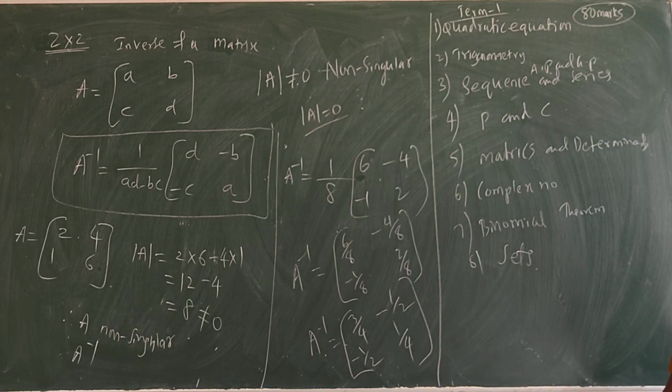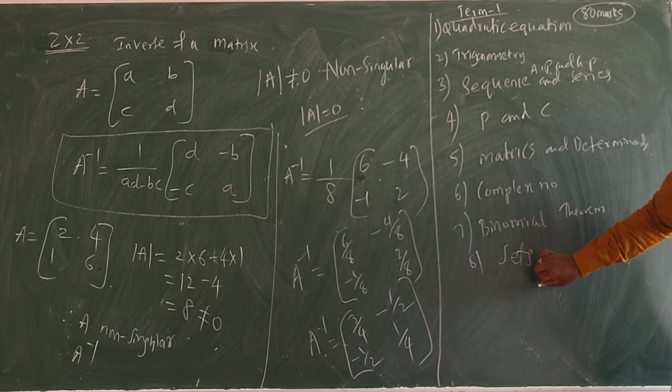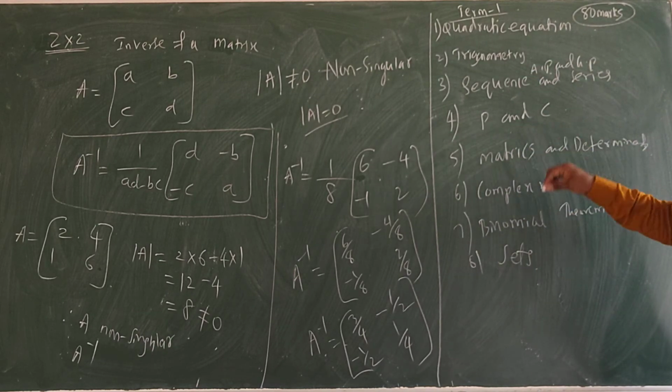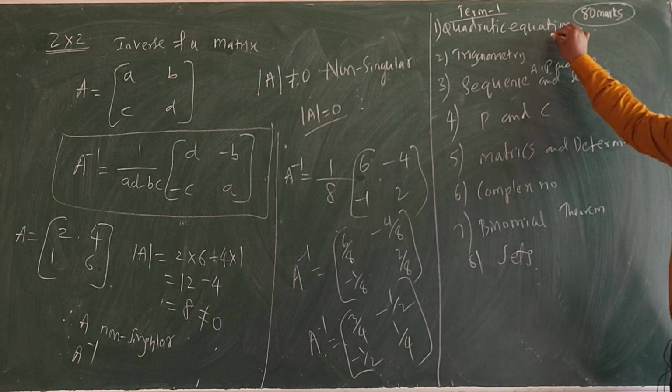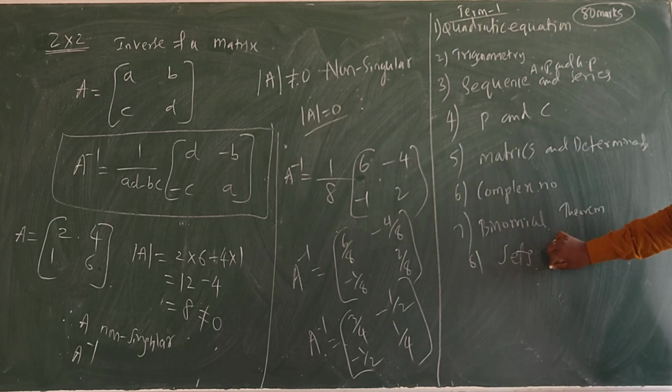So you have to prepare, already we have conducted unit test 1, right? After term 1 you will be having unit test 2, and then the final exam. Then 11th will be complete, then 12th starts. Right? So prepare for the term 1 exam. These are the chapters you have to prepare, I am giving well in advance: quadratic equation, trigonometry, sequence series, PNC, matrices, complex number, binomial theorem.